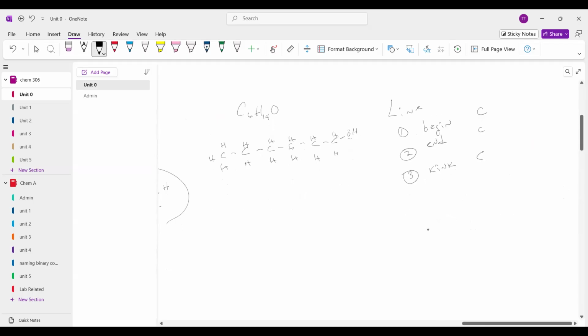Okay, we've got the backbone, we'll talk a lot about that on Wednesday, as 1, 2, 3, 4, 5, 6 carbons. So we're going to start with a carbon, we're going to end with a carbon, and how many kinks are we going to have in the line?